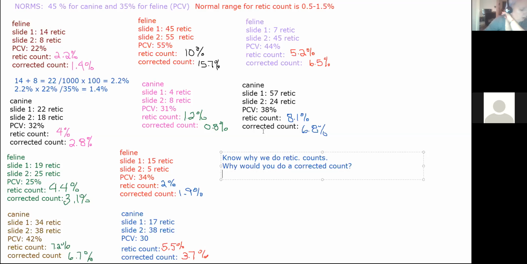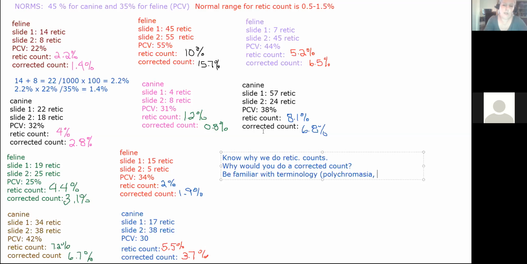What else do I want you to know for the test? I had some reminder questions, things to know. Be familiar with the terminology. What is polychromasia?